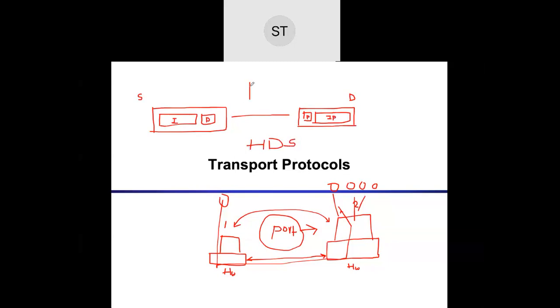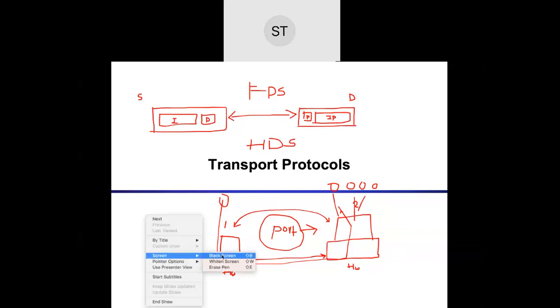One is called full descriptor socket. Today I have not taken the board, that's why it is somewhat tedious. But in full descriptor socket everything is defined, in half descriptor socket it is not. So many times when you are accessing a URL, what you are using is, let me take the white screen.